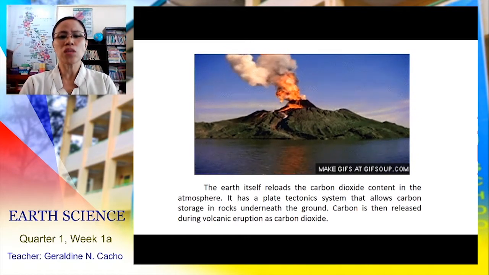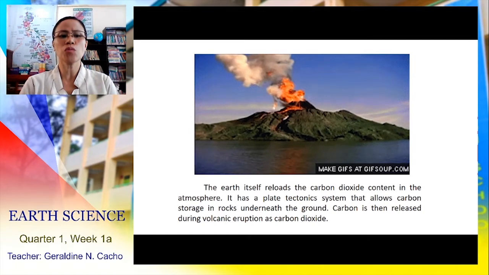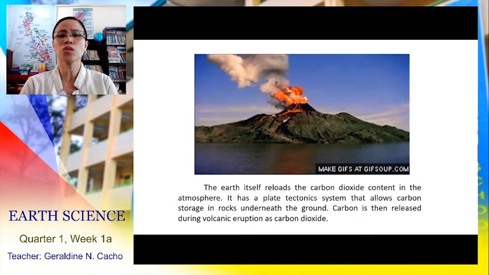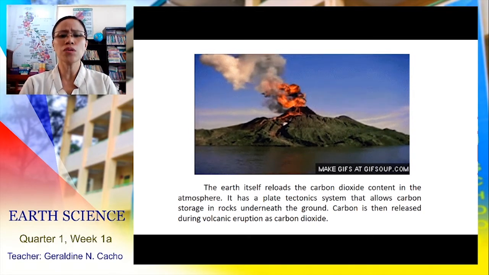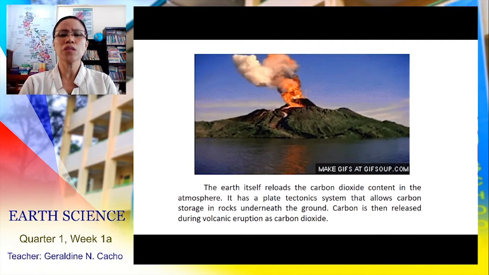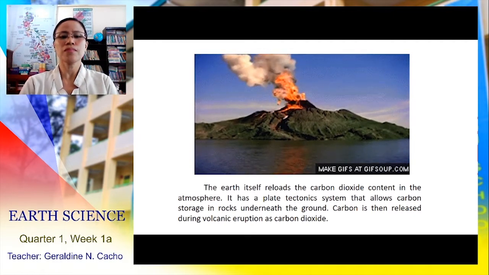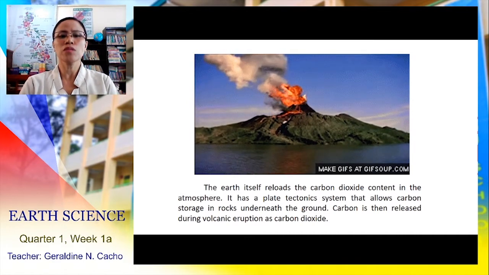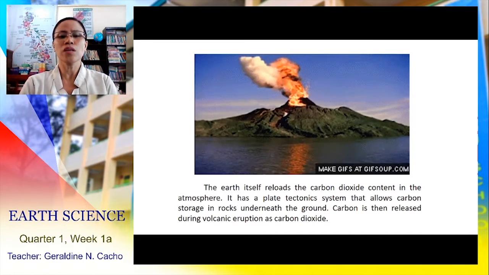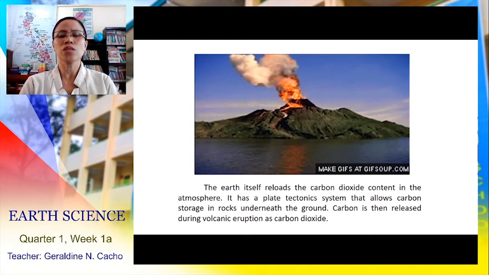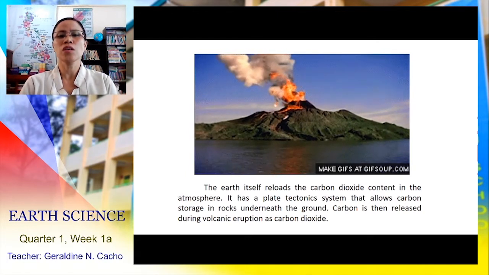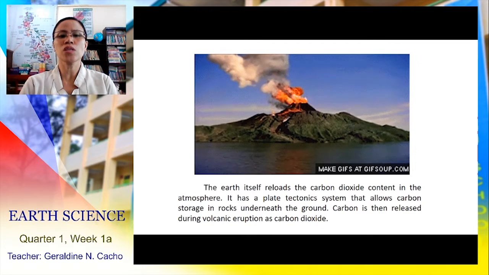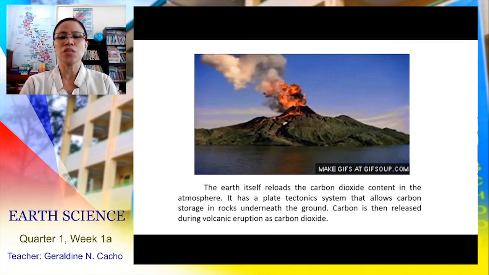It has a plate tectonic system that allows carbon storage in rocks underneath the ground. So our Earth keeps a lot of minerals in it. A volcanic eruption is one way for these minerals or materials to be exposed or released to our surroundings.